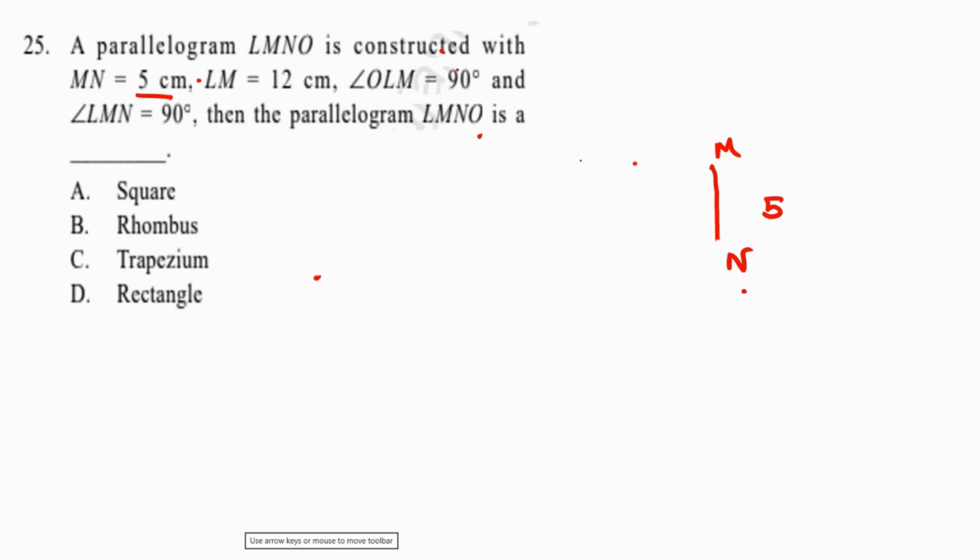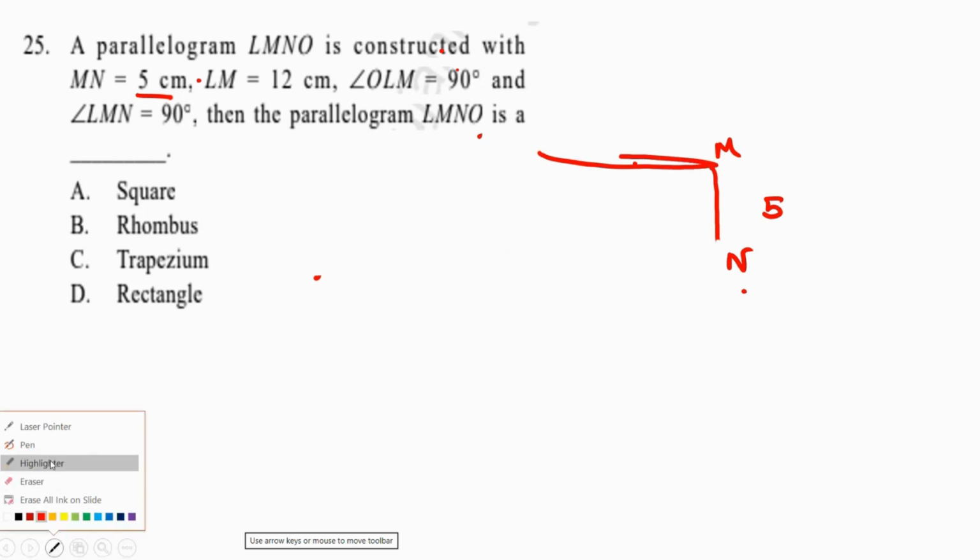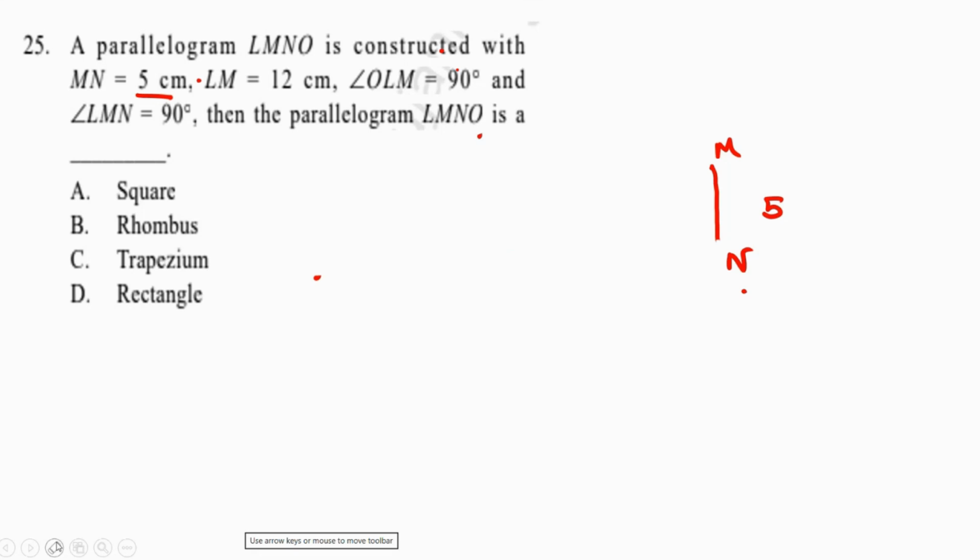Next, we need LM, which should be a 12 centimeter line segment. So let's draw this 12 centimeter L. Now, OLM is 90 degree. That means this angle OLM is 90 degree if O is here, and LMN is also 90 degree.